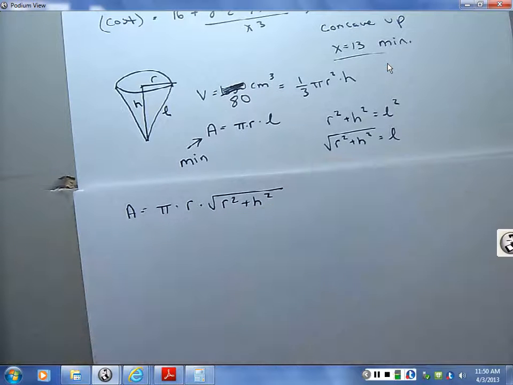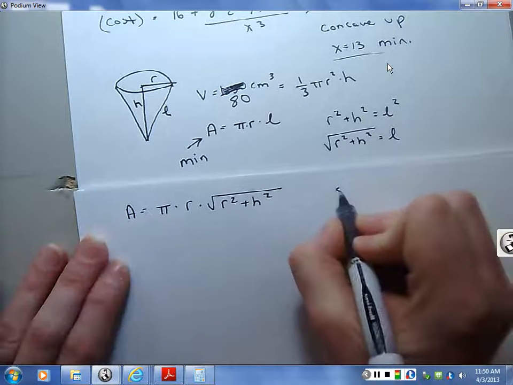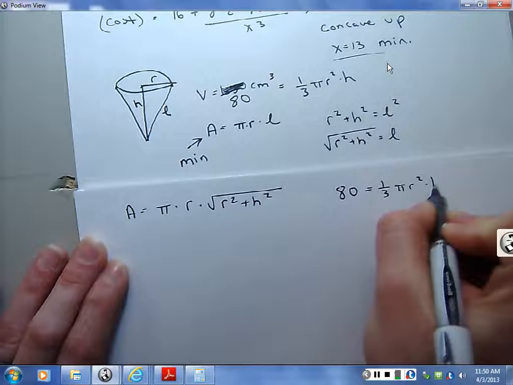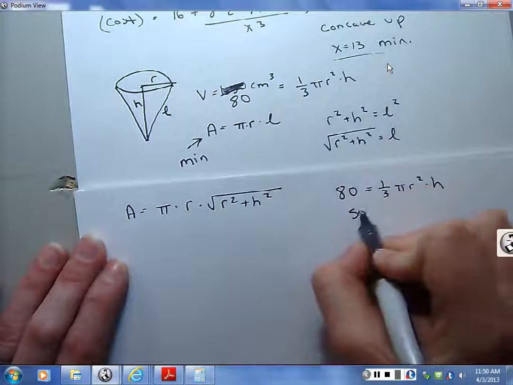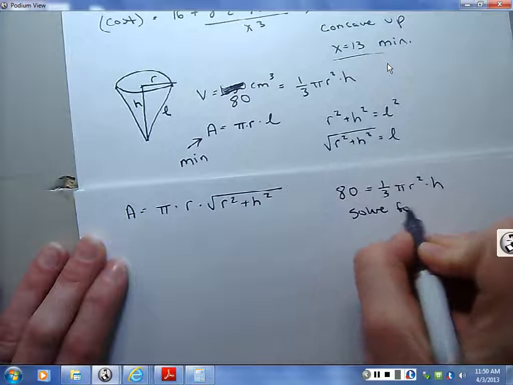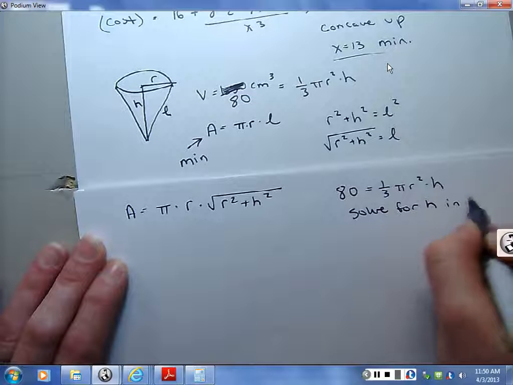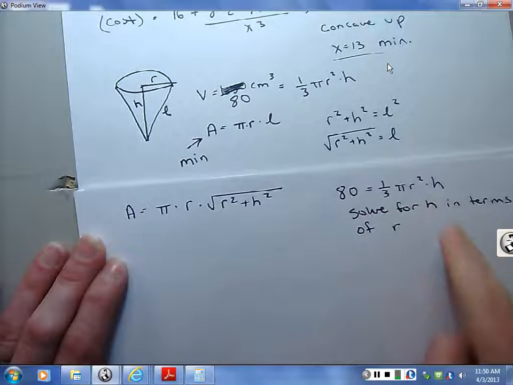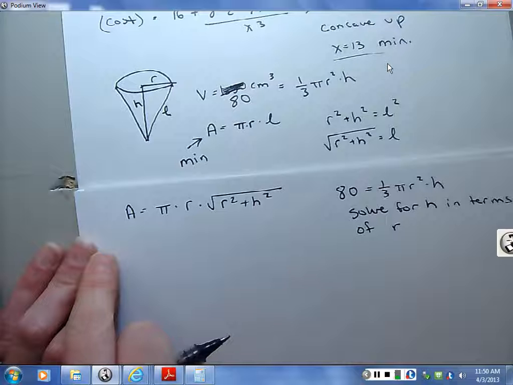So now I have a function of R and H. So I'm going to use this 80 equals 1/3 pi R squared times H. Solve for H in terms of R, and then plug that in for H, and you have A in terms of only R.